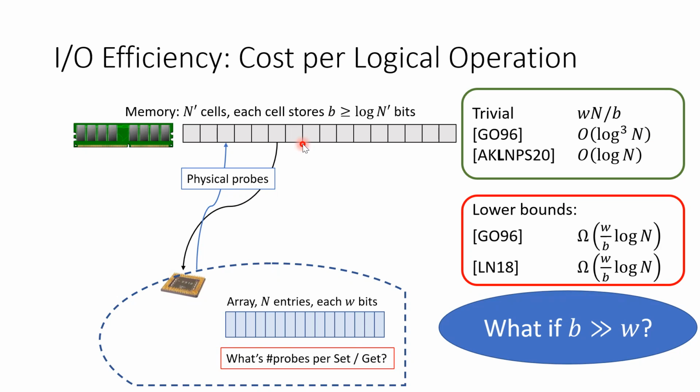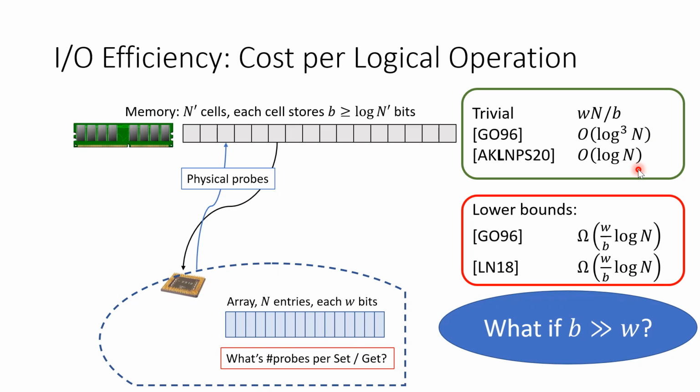So by this observation, one may ask why these previous upper bound constructions don't depend on B and W?